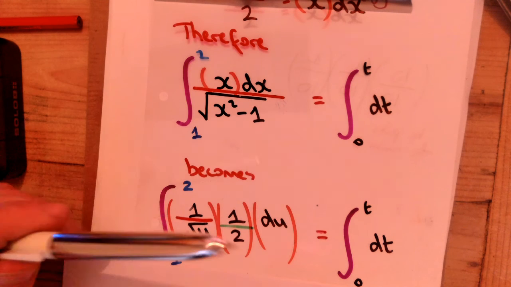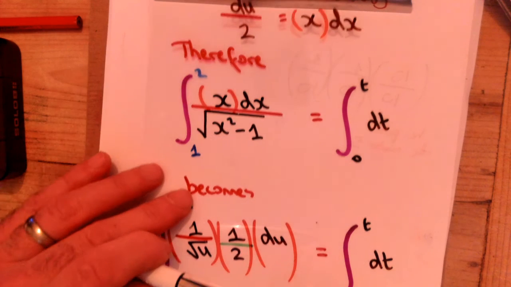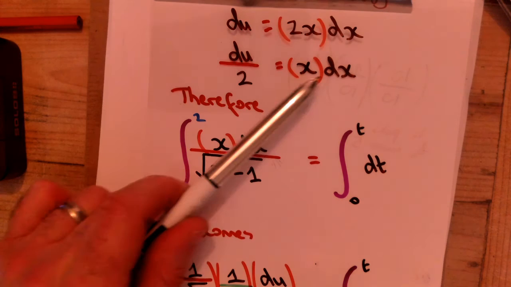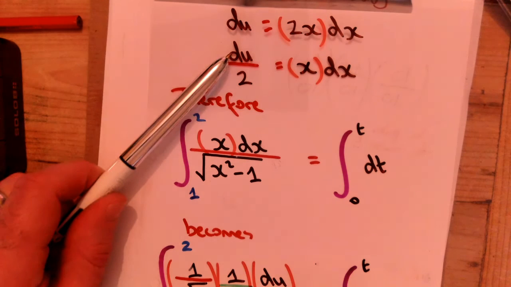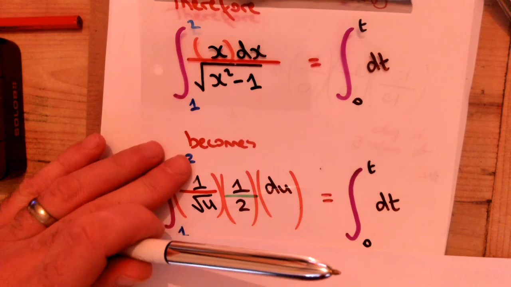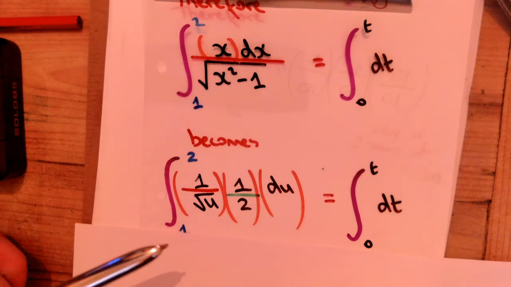Okay. The next thing we have is your x dx, which can be represented by du over 2. Now see what I'm doing as well.